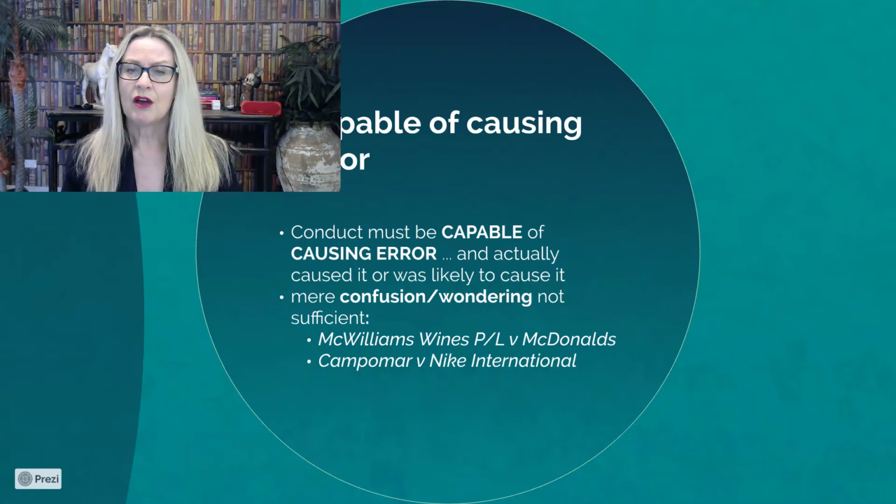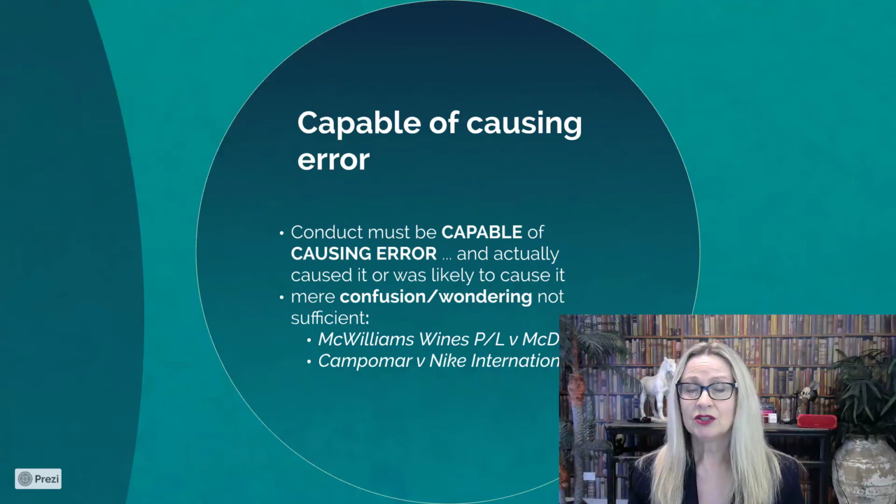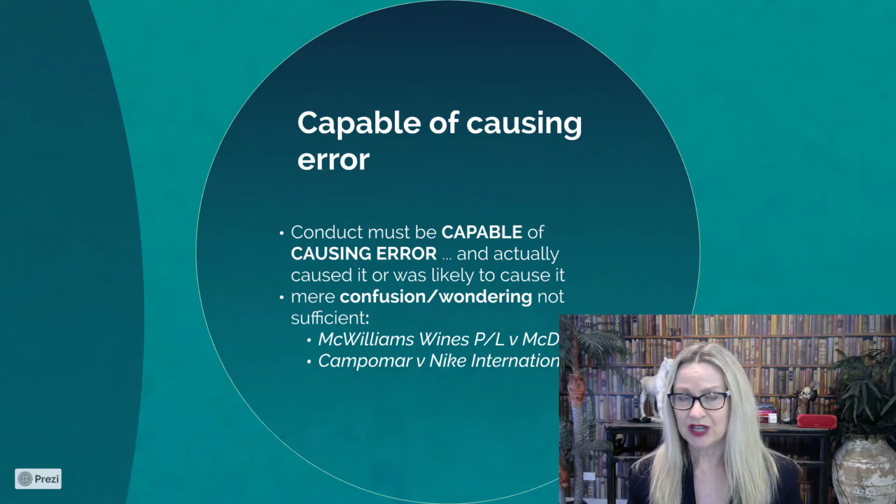So your conduct has to be capable of causing error. Note also that these two cases are great examples of the misleading or deceptive conduct provision being used by other than consumers, being used by big brand manufacturers who are very keen to protect their trade dress and trade reputation trademarks.